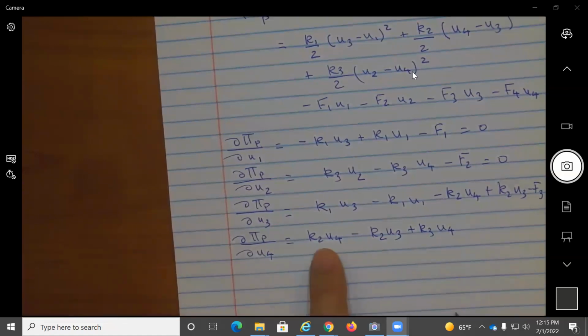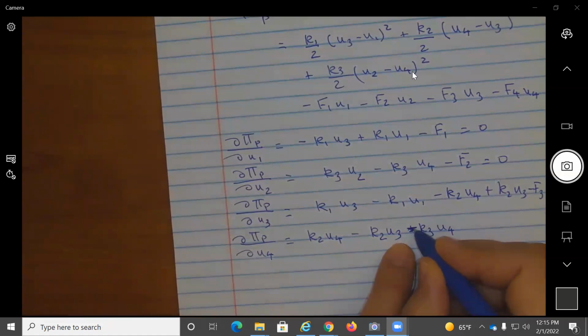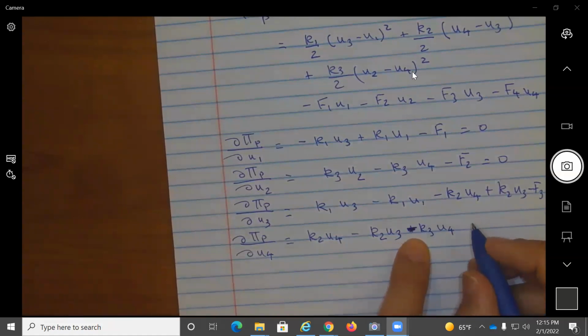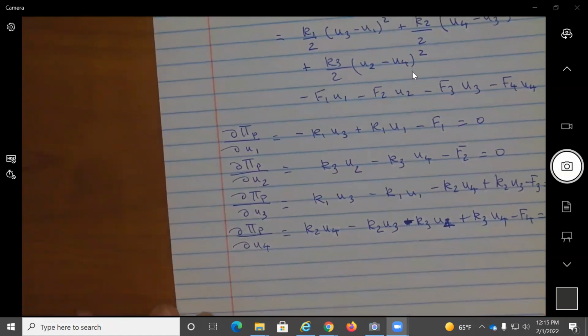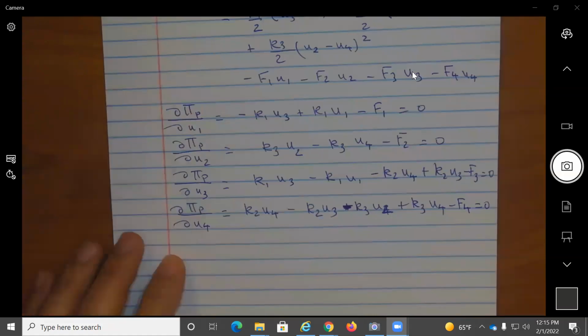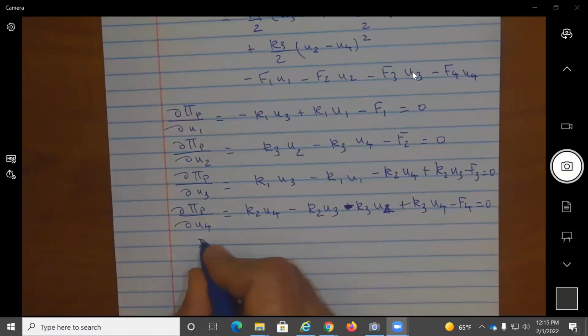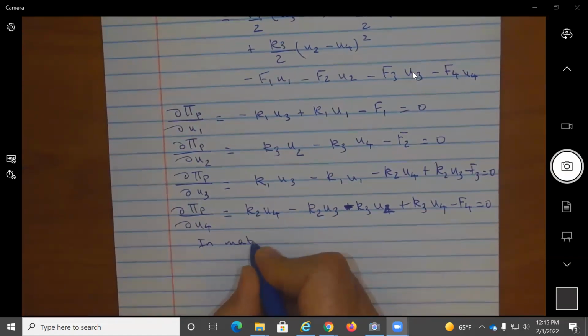I missed one: k2 u4, k2 u3, and then a minus k3 u2 and a plus k3 u4, then a minus f4 is equal to 0. So I end up with 4 equations that I can write in matrix form.